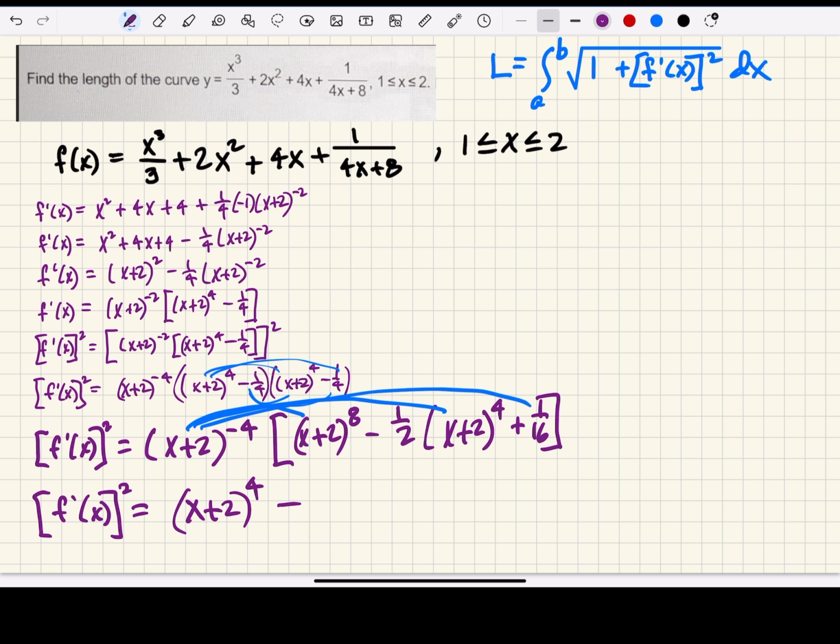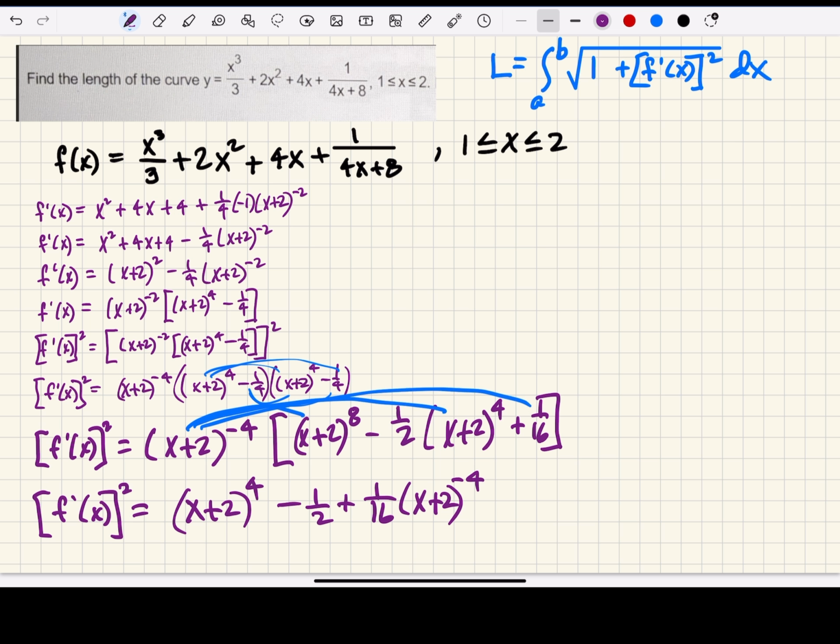Minus, now when we multiply x plus 2 to the negative 4 times x plus 2 to the 4th, we would have x plus 2 to the 0th, or 1, so 1/2 times 1, plus 1/16 x plus 2 to the minus 4.